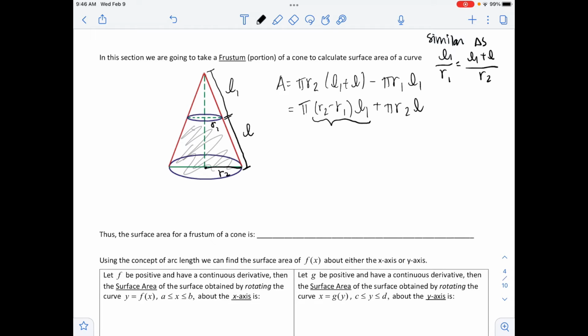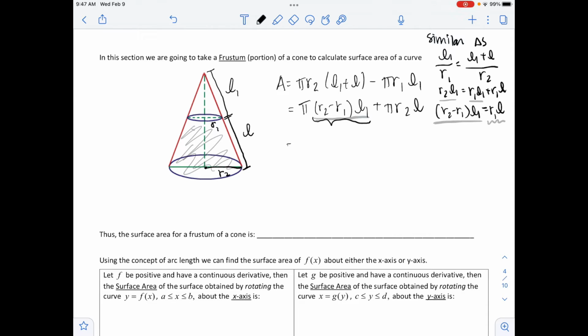Cross multiplying here, we have R2 times L1 equals R1 times L1 plus R1 times L. And then moving both of these terms that have the L1 to the same side, this is going to be the same thing as R2 minus R1 times L1 equals R1 L. And if you look at what we have underlined over here, R2 minus R1 times L1 is exactly what we have written over here, and that is equal to R1 L. So I'm going to go ahead and replace that.